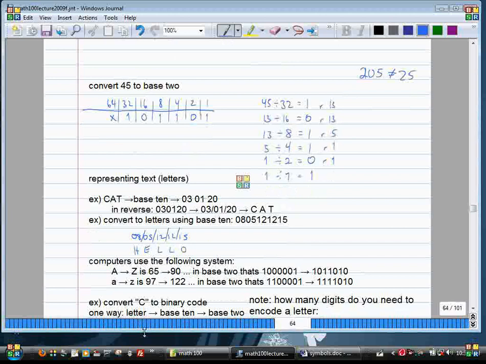What base 10 number is the letter C using this ASCII system? What is capital A? 65. So what is capital C? 67.